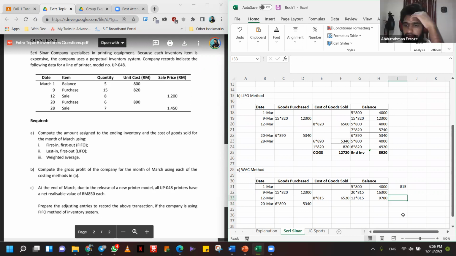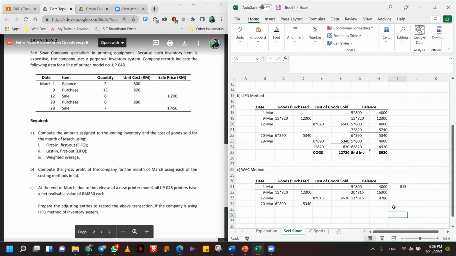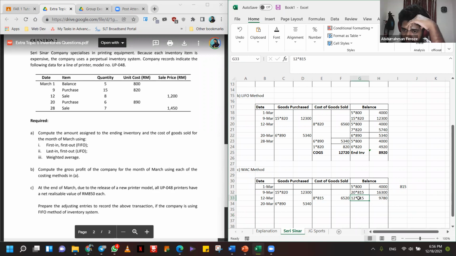I just did it over here. We have to take the total cost divided by the total number of printers. So what will it be? How do we take the average over here? You guys understood what I did before, right? So can one of you solve it?